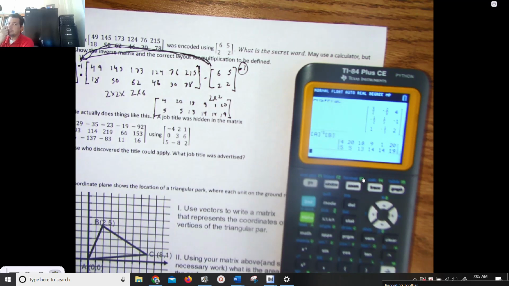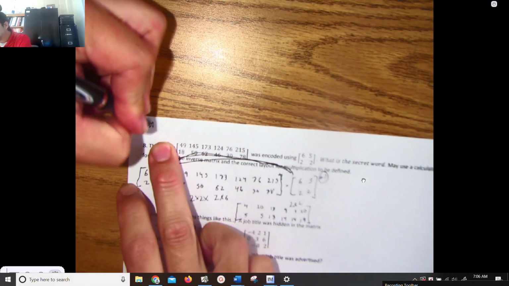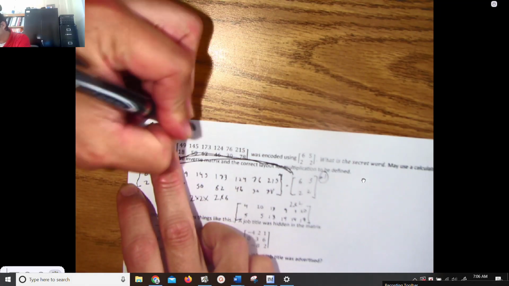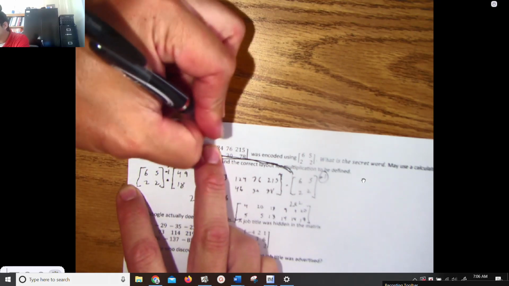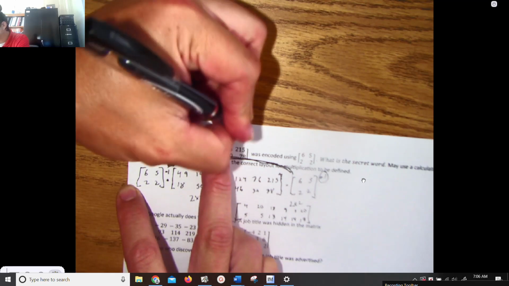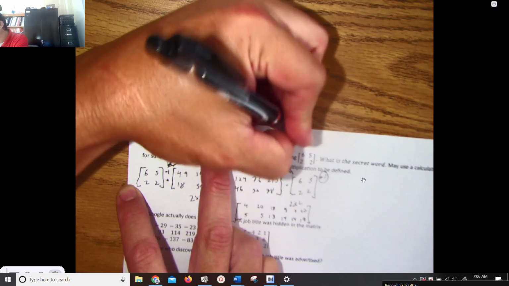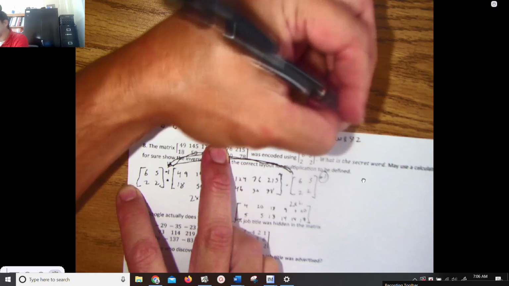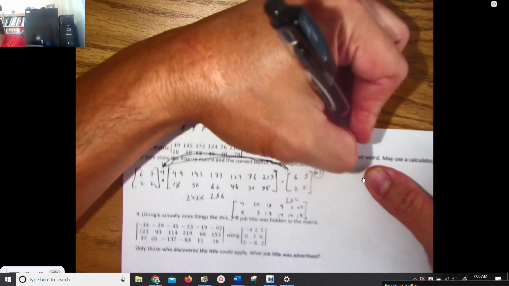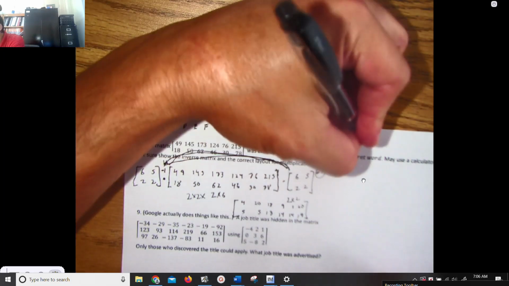Now, I glossed over this in your notes when I did it. I'm just going to write down the alphabet up here. Some of y'all won't write down the alphabet, so I'll probably circle your stuff. Space is 27.